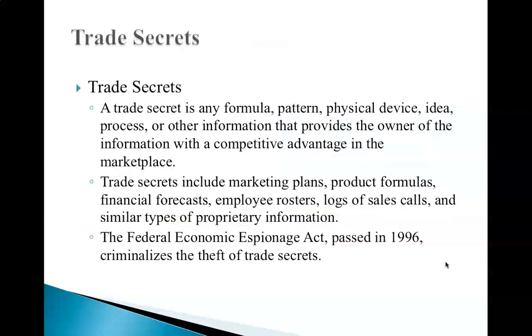A trade secret is any formula, pattern, physical device, idea, process, or other information that provides the owner with a competitive advantage in the marketplace. So it tends to apply to business environments. Trade secrets include marketing plans, product formulas, financial forecasts, rosters, logs of sales calls, and similar types of proprietary information.